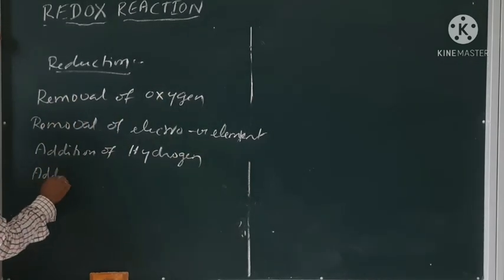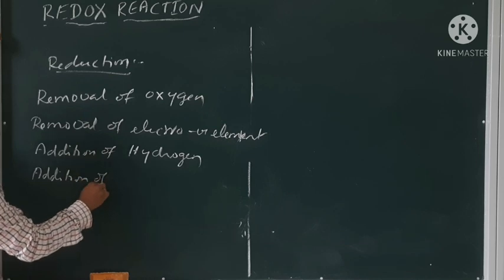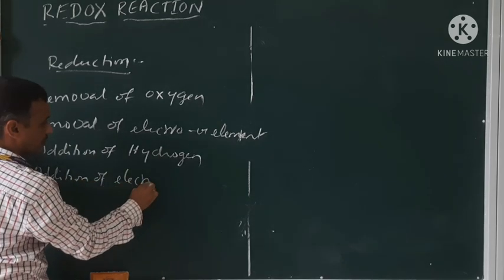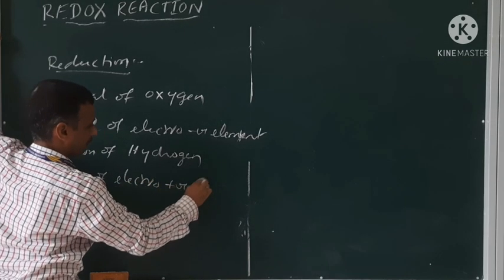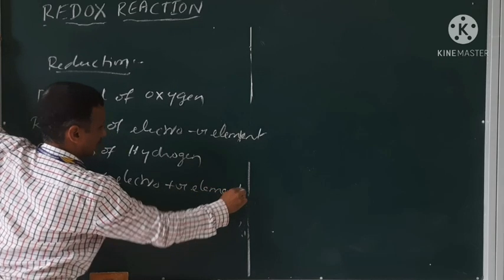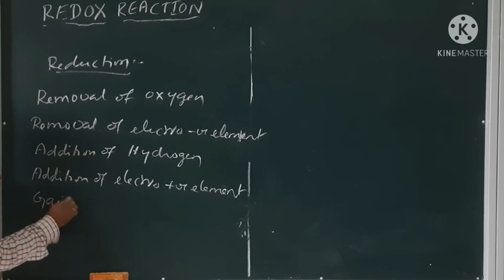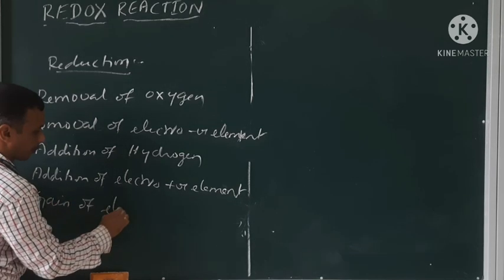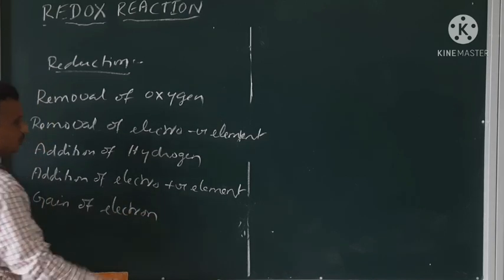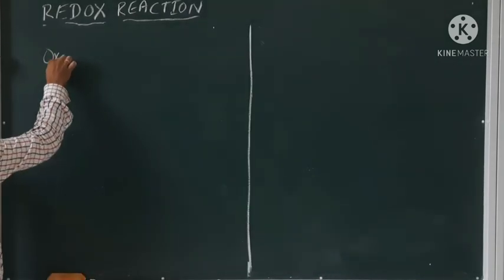Addition of an electropositive element is again reduction, and gain of electron is the reduction process.